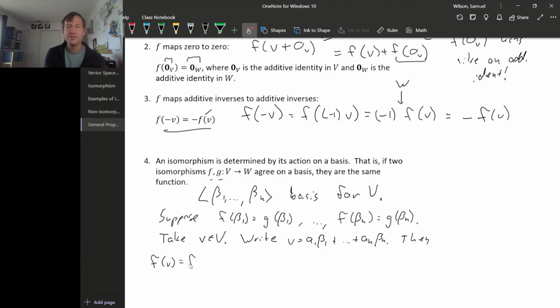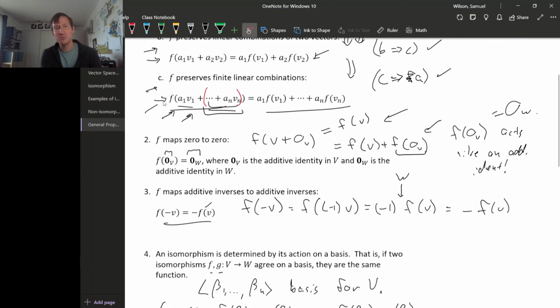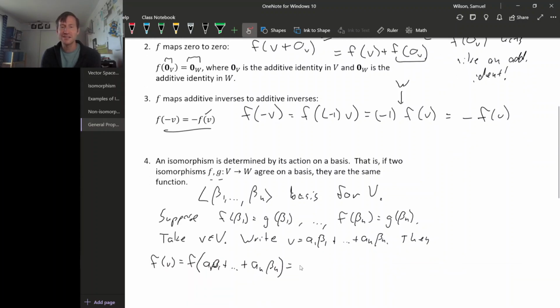Well, v is this linear combination, a1 beta 1 plus down to an beta n. But now we can use this property that we showed above where isomorphisms preserve finite linear combinations. So we can break this linear combination down. This is a1 f of beta 1 plus and so on down to an f of beta n.